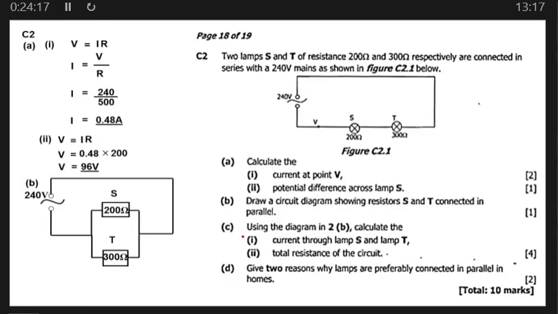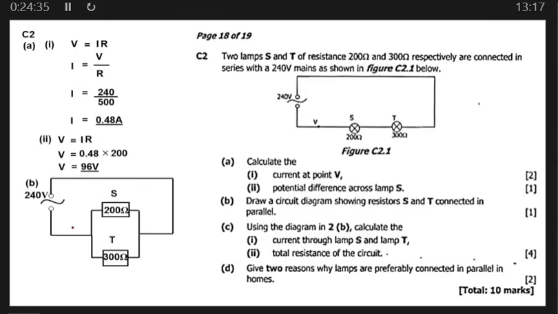Then we are going to go to C, which says, using the diagram in 2B, calculate the current through lamp S and lamp T. So what current will pass through lamp S and lamp T?